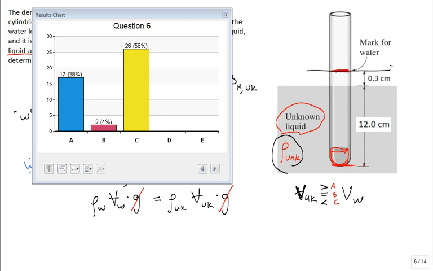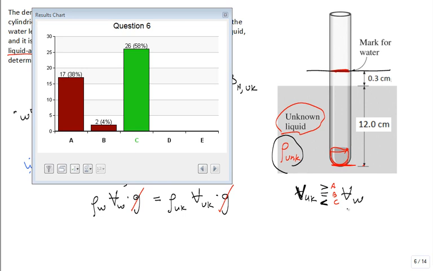So wouldn't it have displaced more fluid? So the volume of the fluid displaced when the same hygrometer is dropped in water is greater than the volume that the same hygrometer displaces when it's dropped in the unknown fluid, right? Very good. So answer C is correct, true?